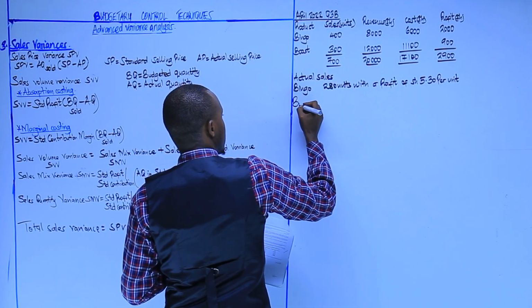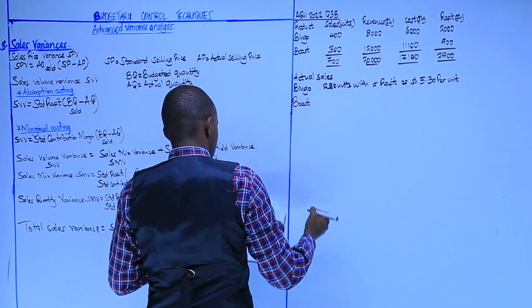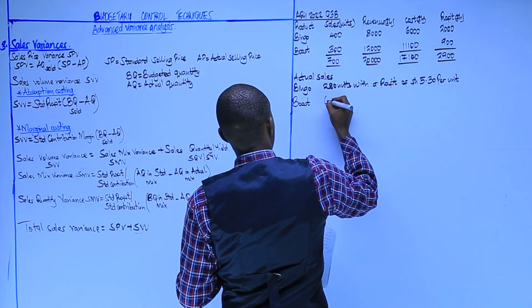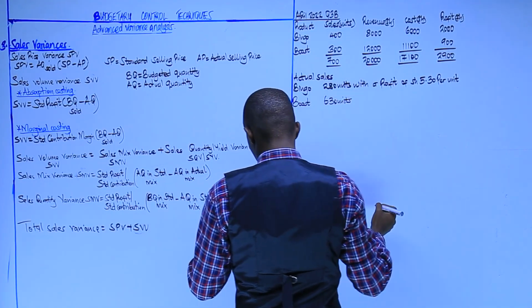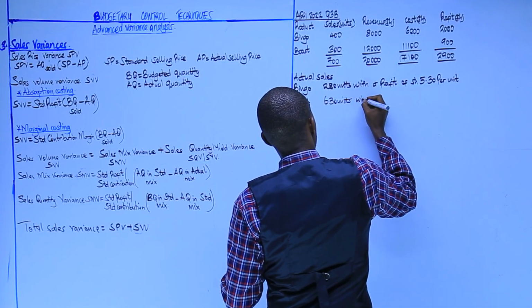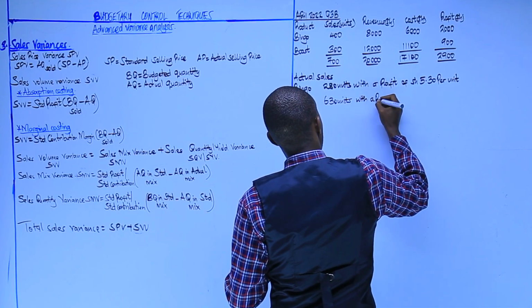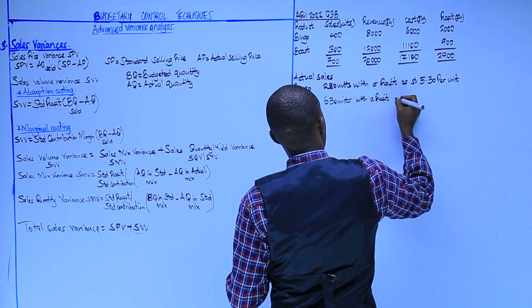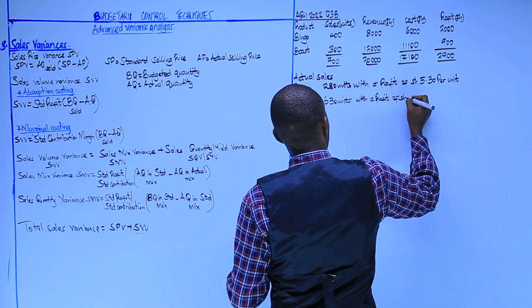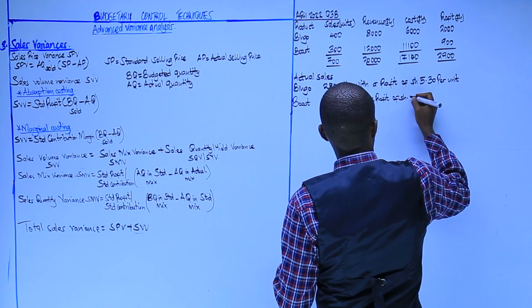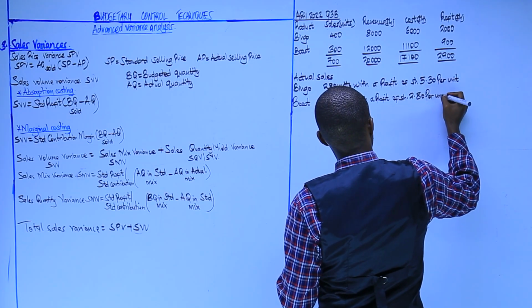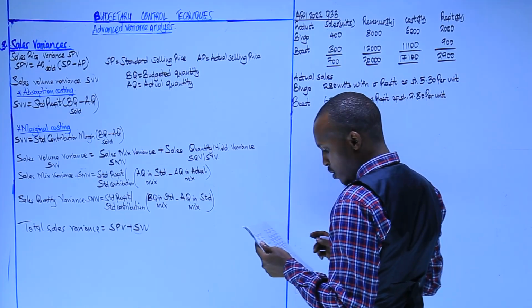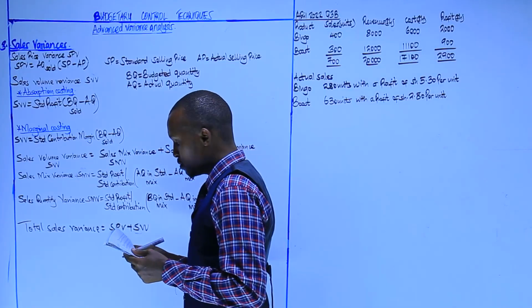Boost was 630 units with a profit of $2.8 per unit. 2.8 per unit.